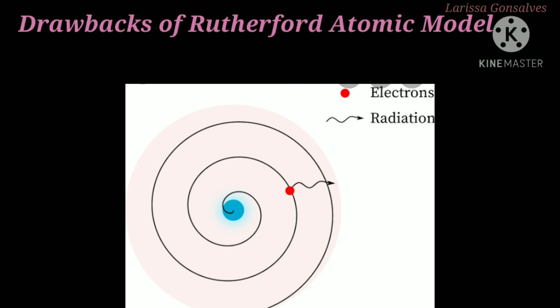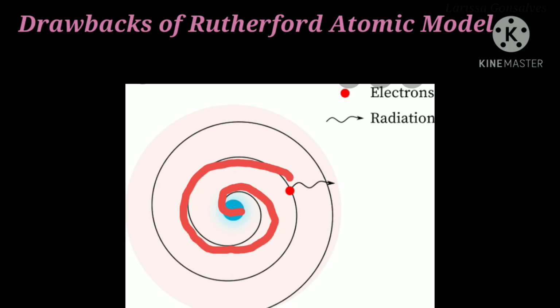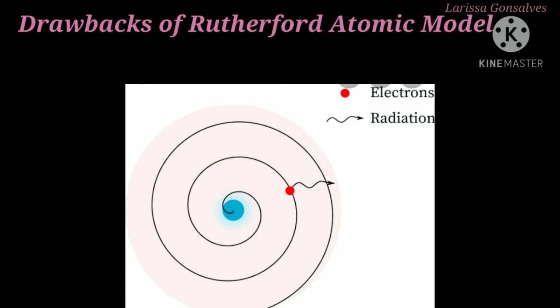This means that when this electron starts rotating, it is going to give out radiations. Since it is giving out radiations, the energy of that electron is going to decrease. So it is going to follow a spiral path, and a point is going to come when this particular electron is going to fall into the nucleus. However, this is not the case in terms of atoms. Real atoms are stable, whereas this model was indicating towards instability of the atom.